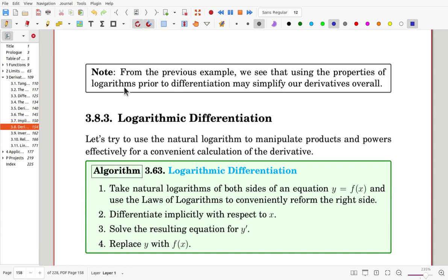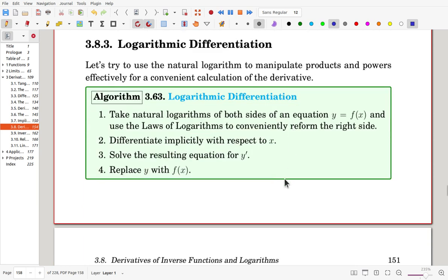And from the previous example, we see that using the properties of logarithms prior to differentiation may simplify our derivatives overall. You can get the derivative much more easily by using the properties of logarithms. Now we try to use the natural logarithm to manipulate particularly the products and powers when we try to get derivatives.